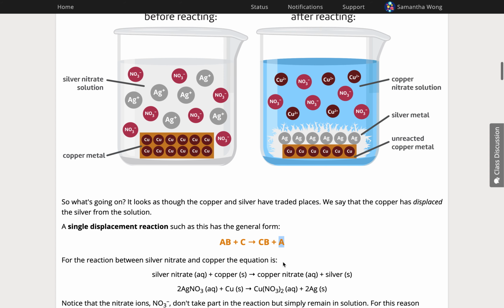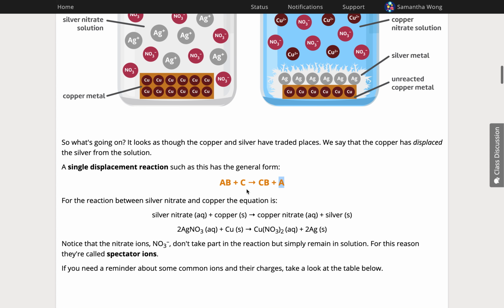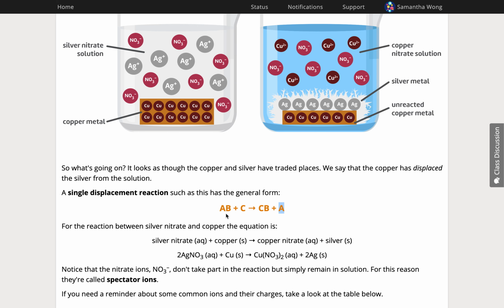Now, if we look at this reaction in this diagram, we can show it as chemical equations. So we'll scroll down slightly. We started off with a solution of silver nitrate, so AgNO3 as an aqueous solution. We know that because we have a solution here that is full of silver ions and nitrate ions.